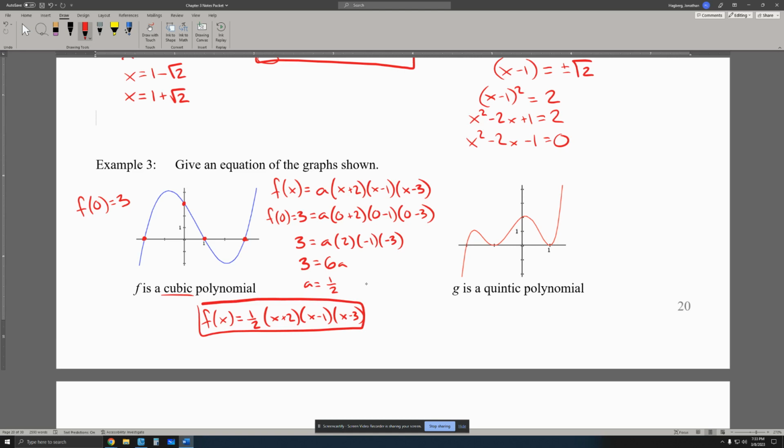We got one more. G is a quintic polynomial. So I see we have zeros at -2, -1, and 1. And we have a y-intercept of 2. So I know f of 0 is equal to 2. I also know this is a quintic polynomial, or degree 5. And I see that we've got a couple of zeros, or a couple of roots, that bounce off the x-axis.